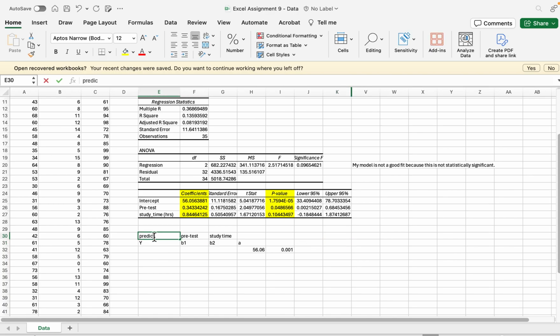This is predicted post-test score, and then this is just a constant. And that's the p-value. That's just to note it's not part of the equation. I'm just showing you that note, but I'm going to move this so it doesn't get confused.